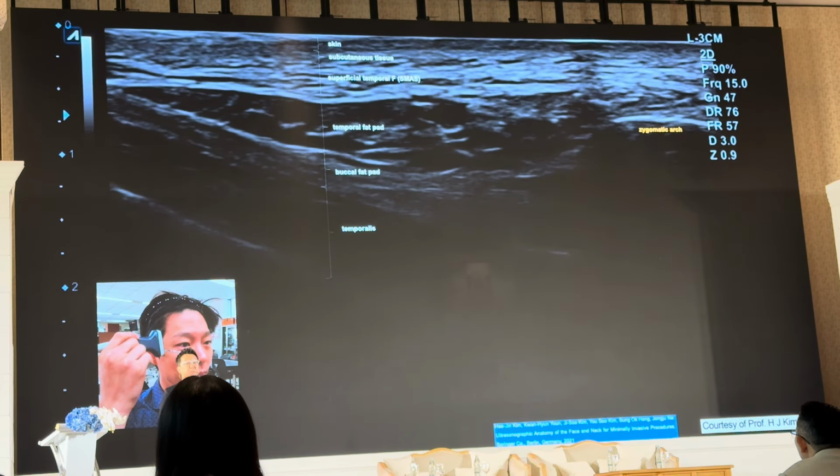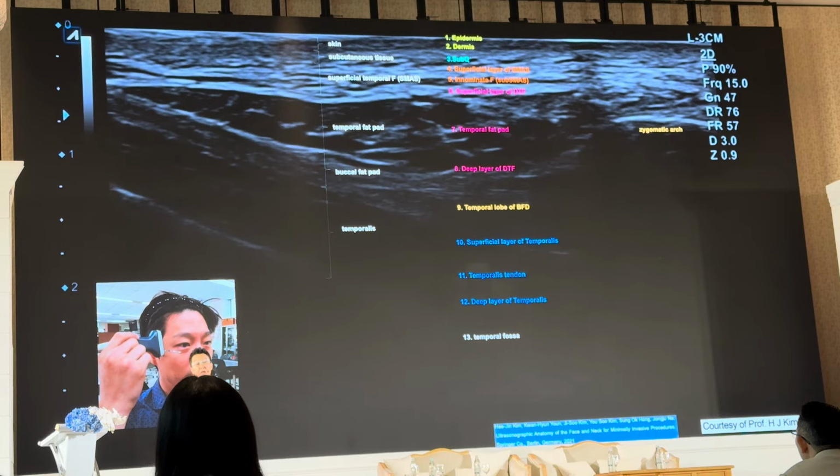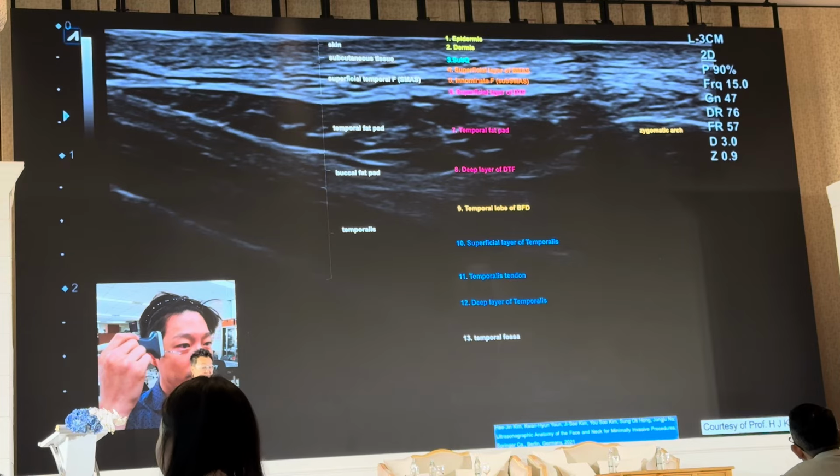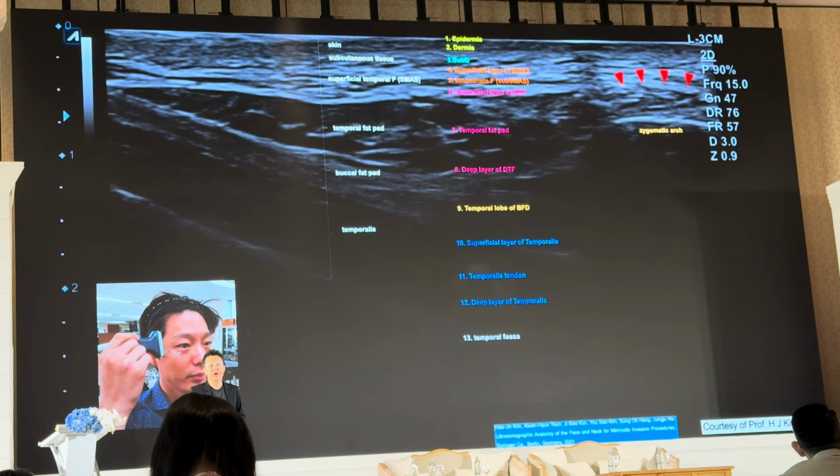The temple is composed of a minimum of 13 layers, but as I mentioned, the total number of temple layers is more than 20. On top of this, as I showed before, the deep temporal fascia, especially the superficial layer, doesn't attach to the zygomatic arch.